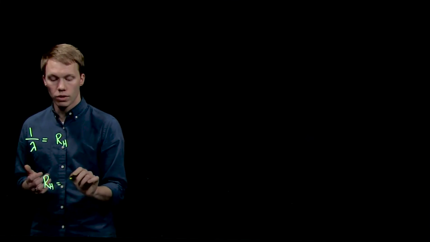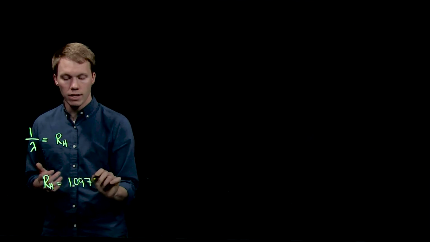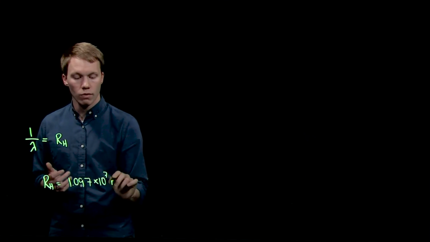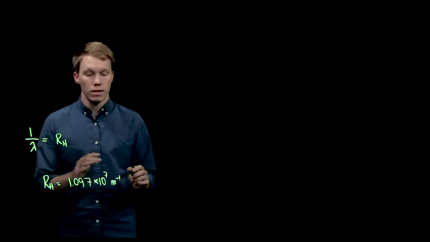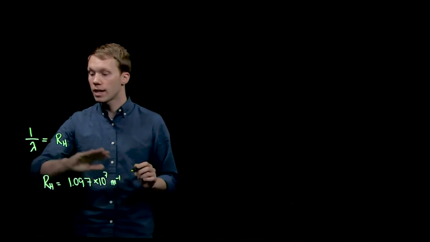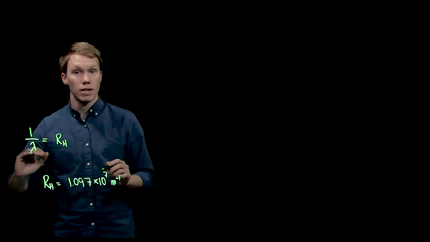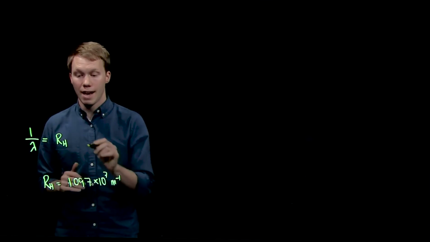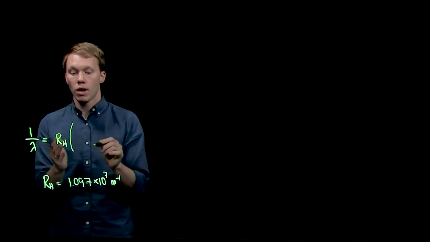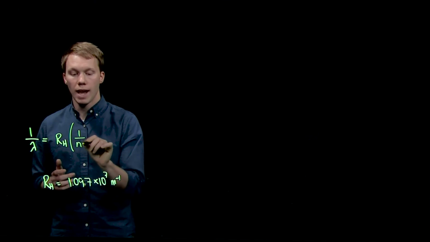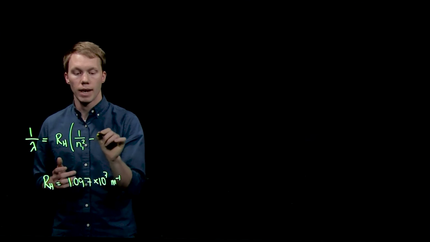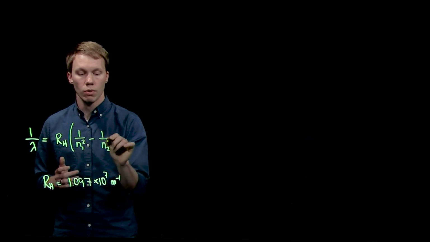It is equal to 1.097 times 10 to the 7th reciprocal meters. And the meter is important because we will end up with a wavelength in meters when we calculate this out. This constant is multiplied by 1 over n1 squared minus 1 over n2 squared.